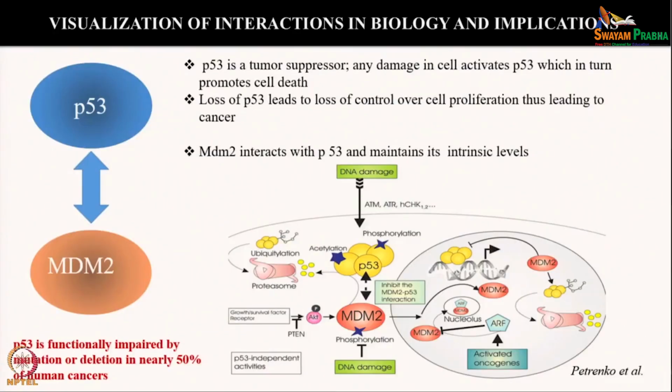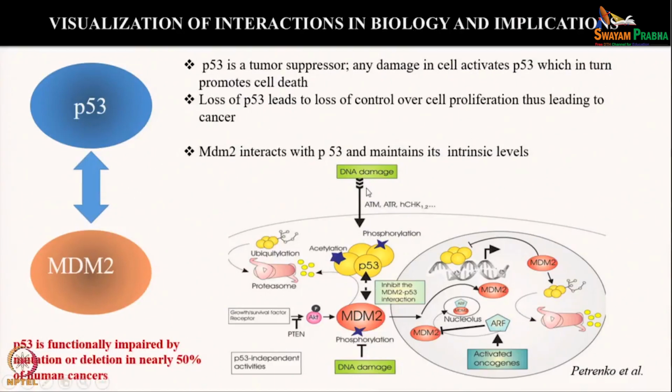We will now do a small exercise by which we will learn about two very important molecules using molecular docking. And we will see how important sometimes this visualization is for understanding several biological processes. We will learn about p53 and MDM2 interaction using molecular docking.